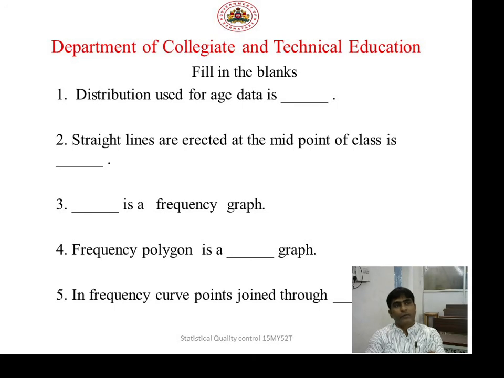Next, fourth question. Frequency polygon is a dash graph. Yes, students, hope you have got the answer. Frequency polygon is a frequency graph itself.